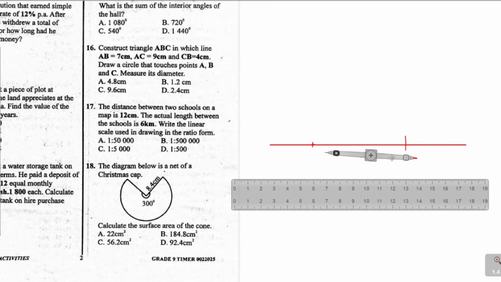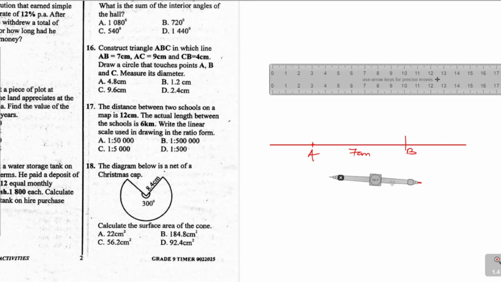So this is point A, and this one is point B. So that line AB is 7 centimeters. That is the first thing you're supposed to do. Then AC is 9 centimeters. So take a measurement of 9 centimeters.